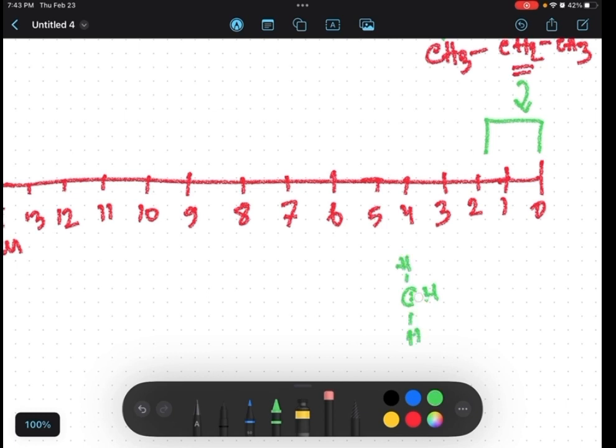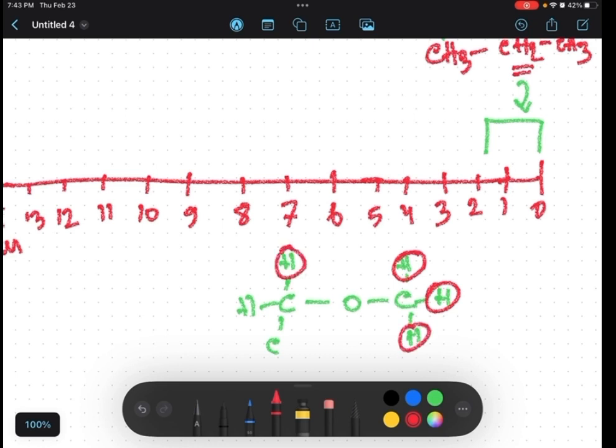Okay, if you have a CH, and that proton is next to a carbon attached to oxygen, since this oxygen is near these protons, all those protons will show up around 3 to 4.5 ppm.